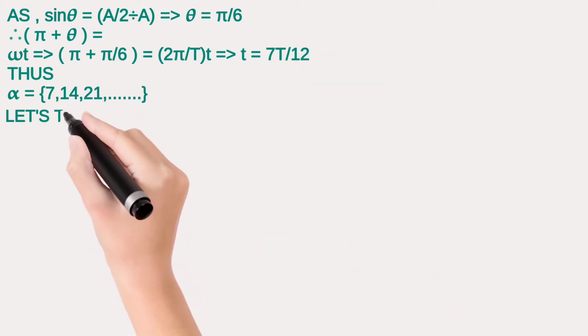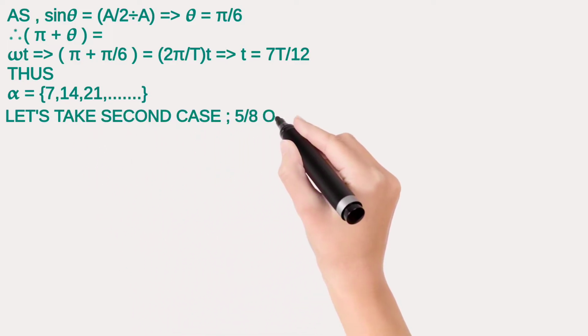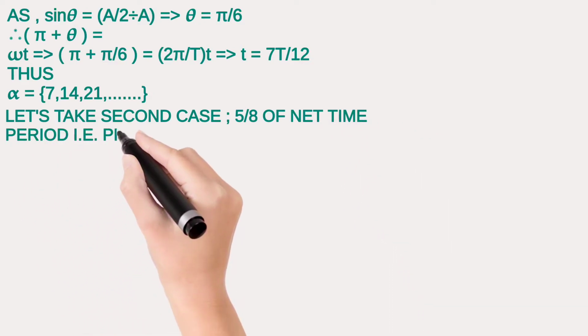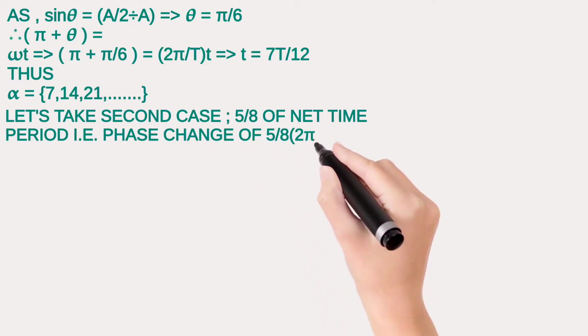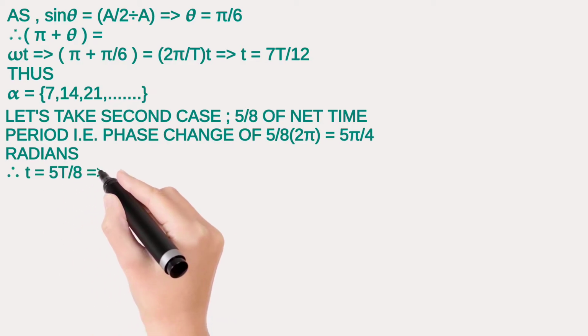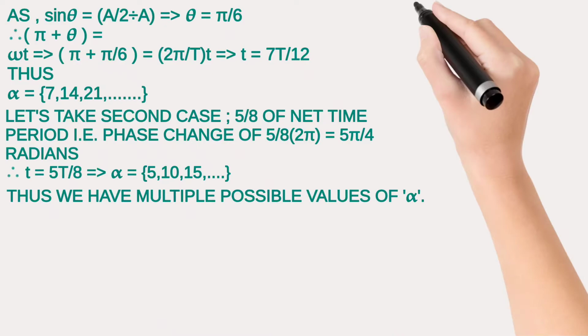Therefore, pi plus theta is the net angular rotation of the phasor in time t, which is equal to omega t. It implies pi plus pi/6 is equal to omega, which is 2 pi by time period, into t. It implies t is equal to 7T/12. Thus alpha is equal to 7, 14, 21, etc.